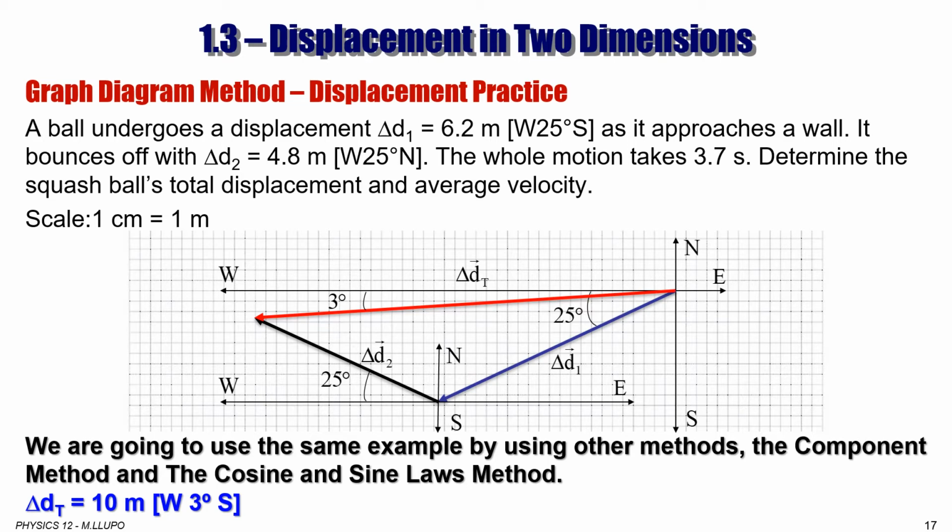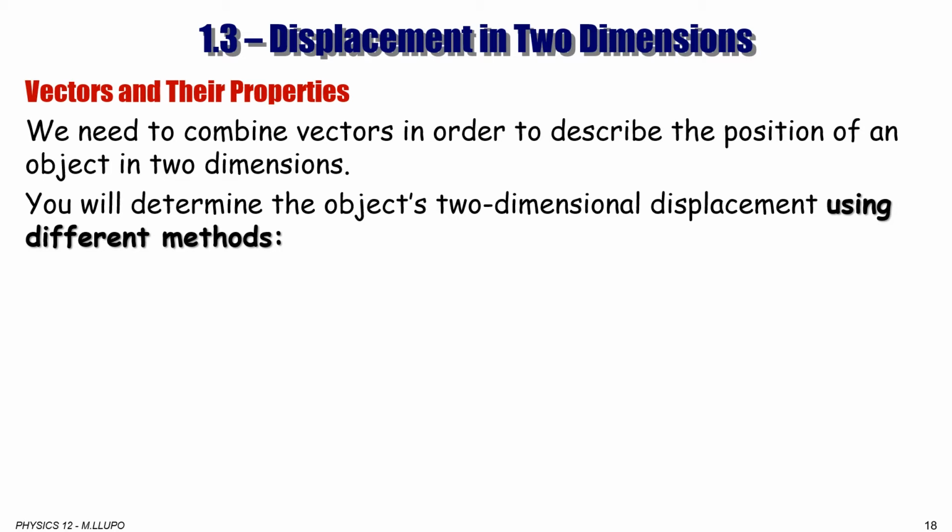We are done with the scale graph diagram method. Knowledge about vectors and their properties is very important because it's going to help you not only in this chapter but for other concepts like forces. We need to combine vectors in order to describe the position of an object in 2 dimensions. You'll determine the object's 2-dimensional displacement using a different method than the one you already learned, the scale graph diagram method.